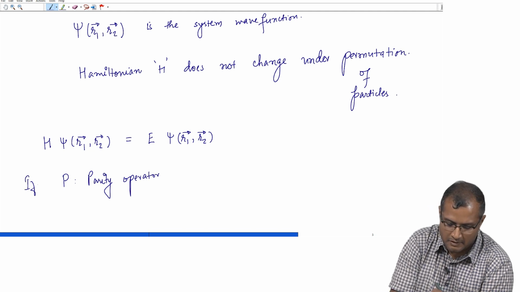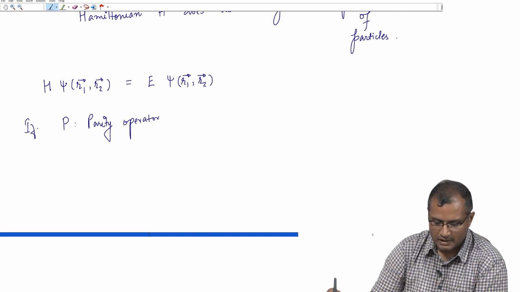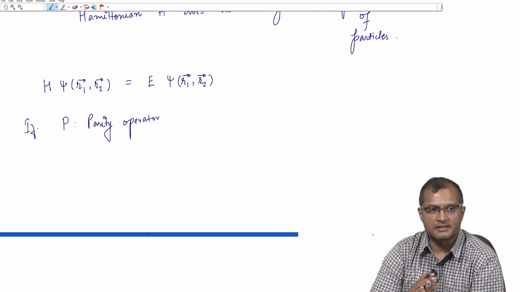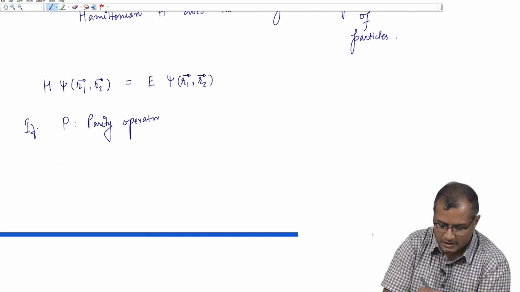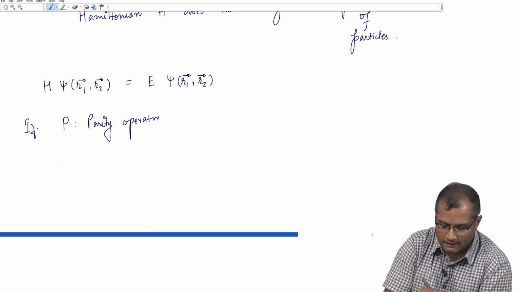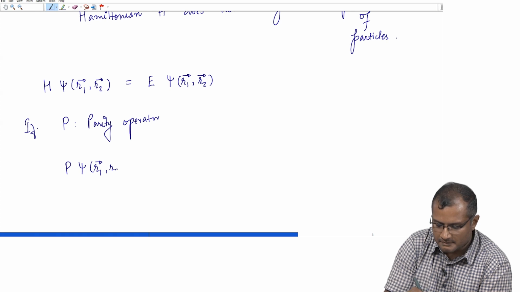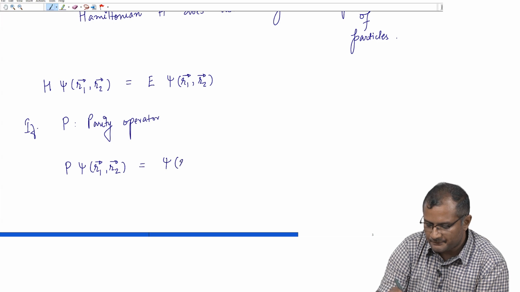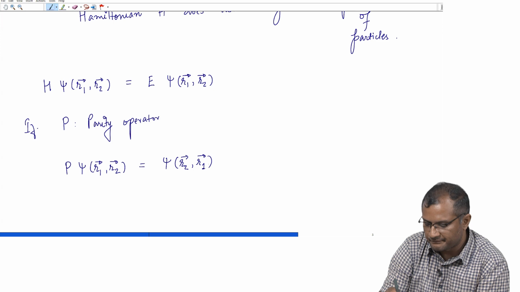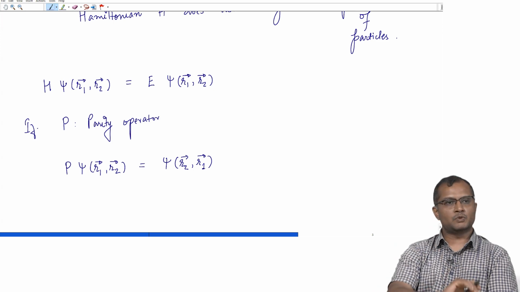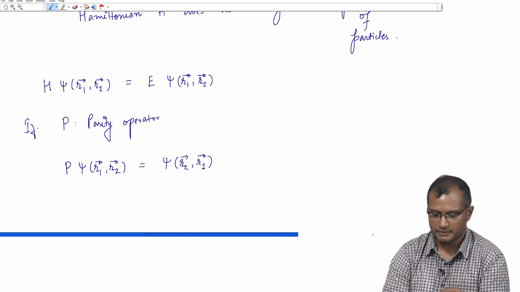I do not expect to see any change in energy, which means the parity operator, when it acts on the system, makes the wave function psi of R2 R1. It simply swaps the two particles, that is the effect of the parity operator.